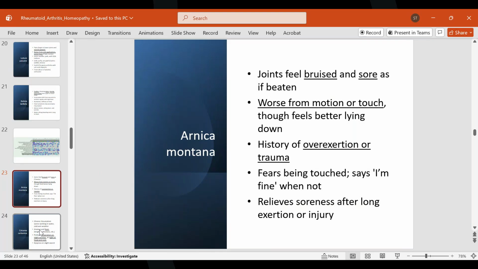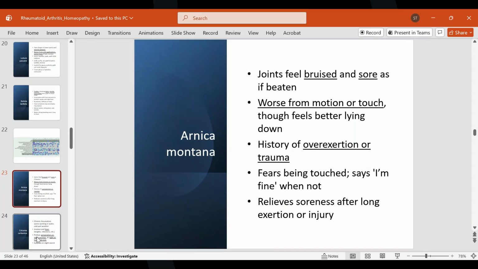They have a history of trauma or overexertion, and it can relieve soreness after long exertion or injury, even a long time after, if you've never given it. Most of my patients, probably any of us have long-term patients, we tell them, look, you get an injury, take arnica. I have in my car arnica and hypericum, just in case you're in an accident, you start taking it right away.